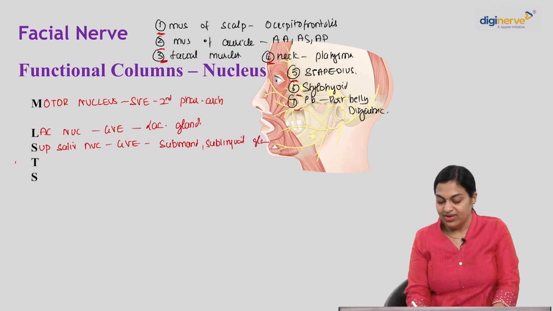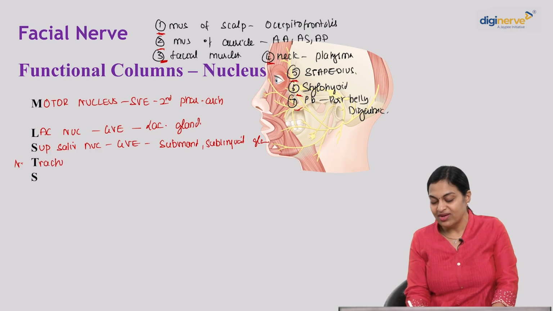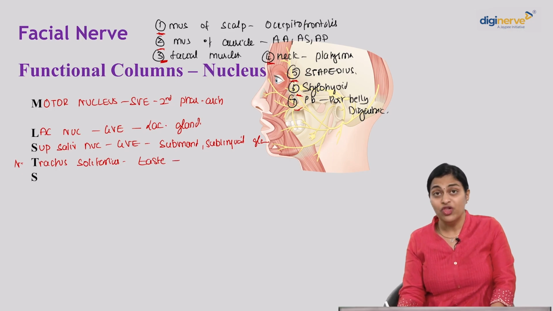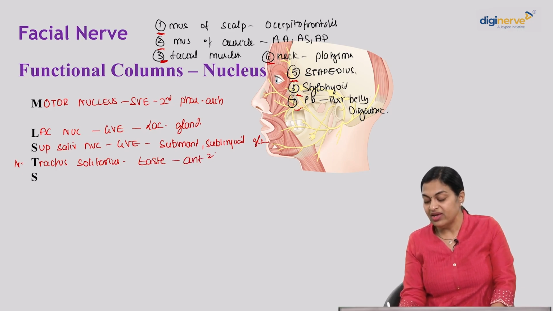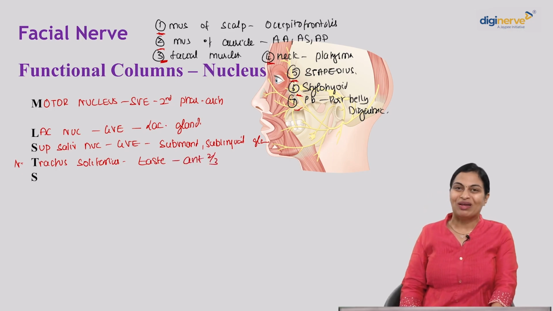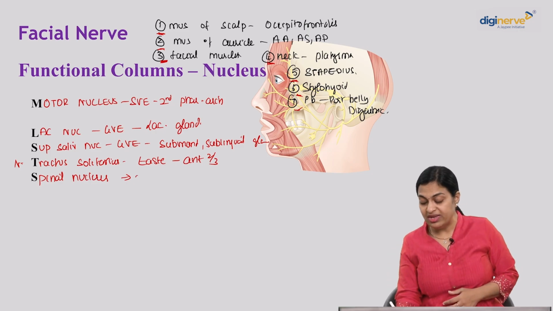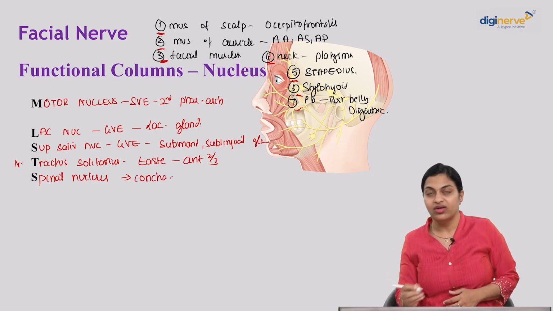And the nucleus tractus solitarius. What was it? Taste sensation. From which part of the tongue? Anterior 2/3 through the chorda tympani branch of facial nerve. And the spinal nucleus of trigeminal nerve through its communication with the 10th nerve, the concha.